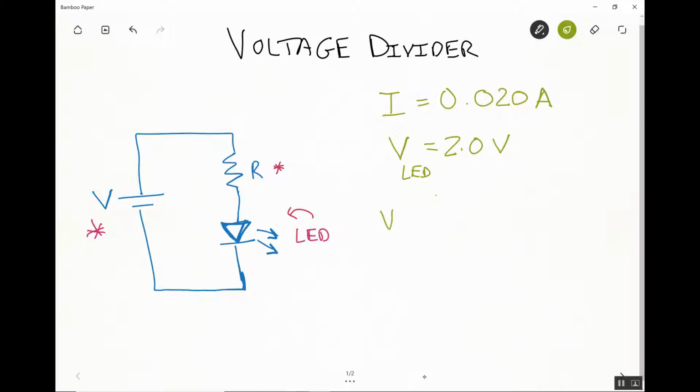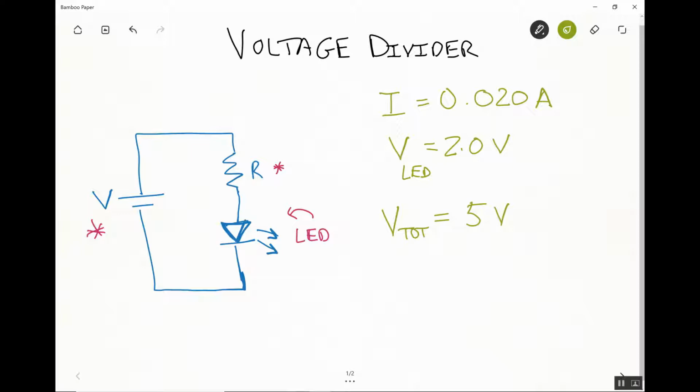If the total voltage being supplied to a circuit to power this green LED is being supplied by a digital input-output pin on the Arduino, what's the total voltage that's being supplied to the circuit from a digital input-output pin on an Arduino Uno? If you said 5 volts, you're correct.